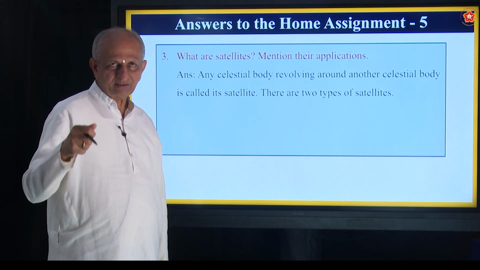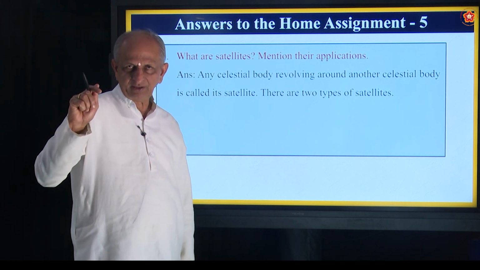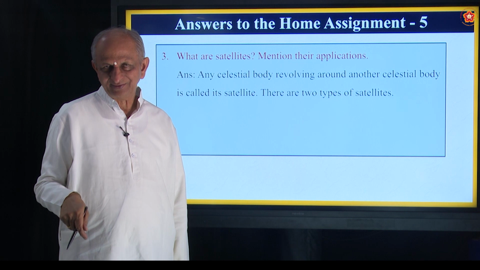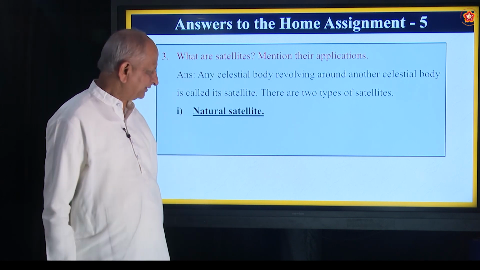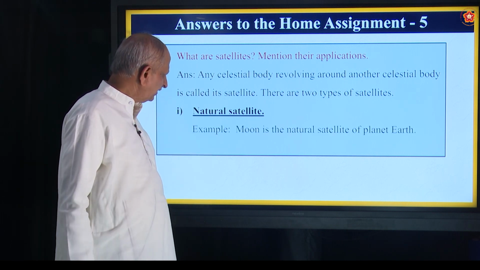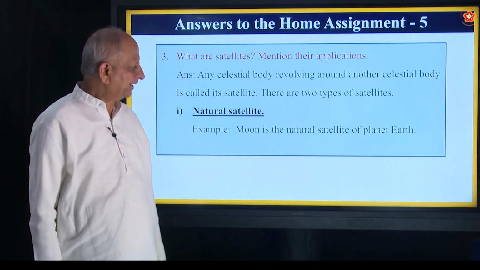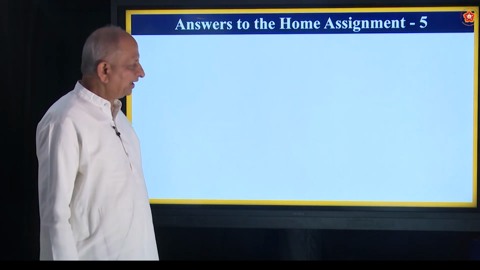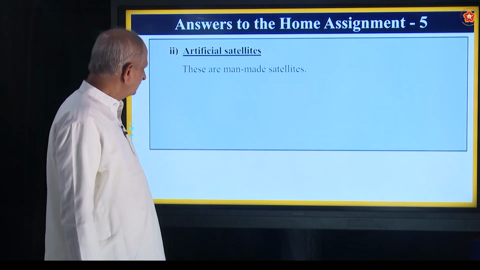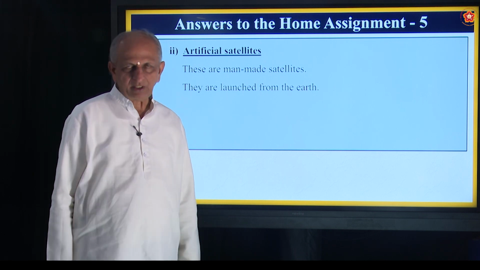For example, moon is a celestial body going around the earth. Correct? And it is a natural satellite. So there are 2 types of satellites. One is called natural satellite. For example, moon is natural satellite of the planet Earth. And also you have artificial satellites, they are nothing but man-made satellites. They launch it from Earth.